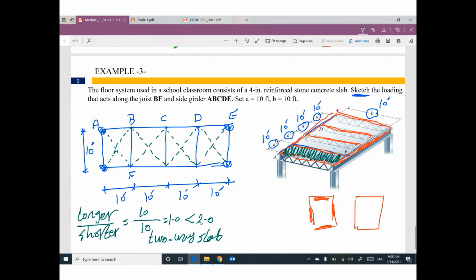You are lucky. So this triangle will be assigned to this part. This triangle will be assigned to this part. This triangle will be assigned to this part. This triangle will be assigned to this part. The same here. And the same. And the same.